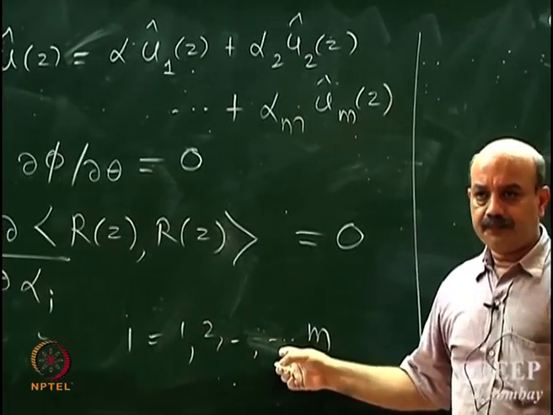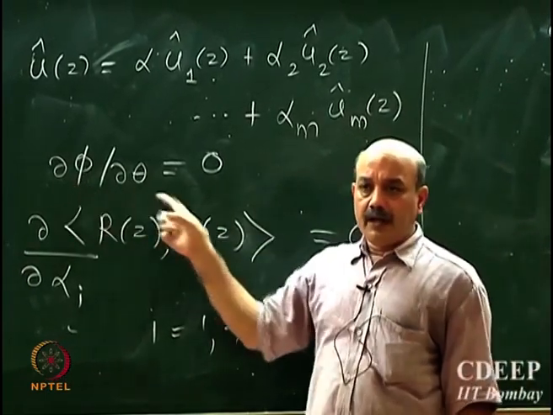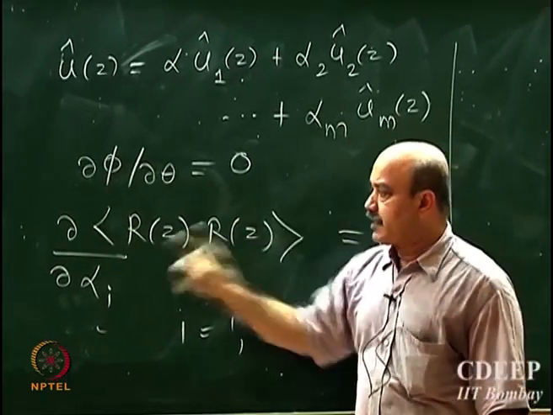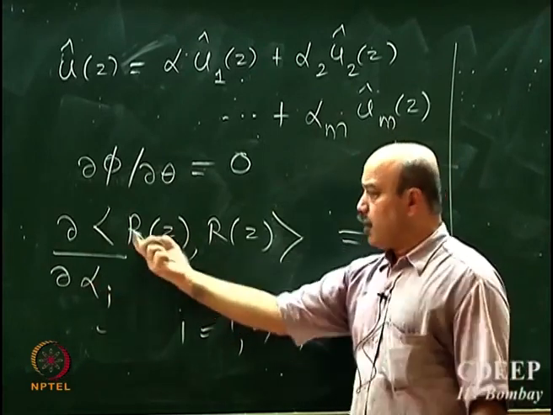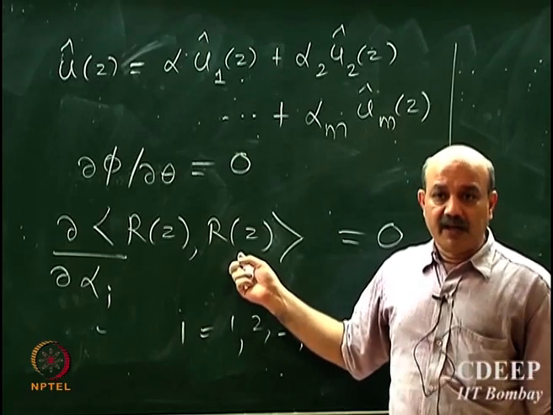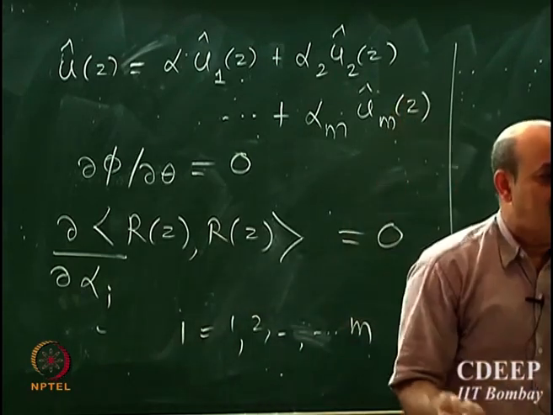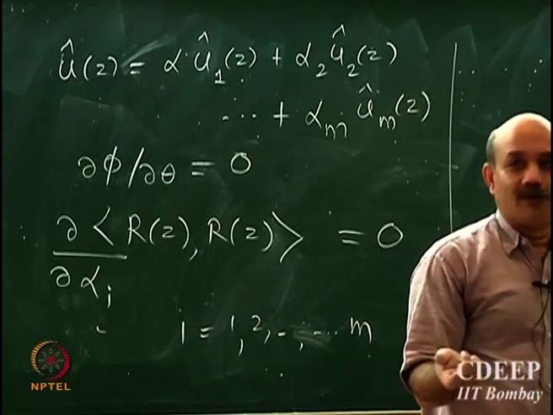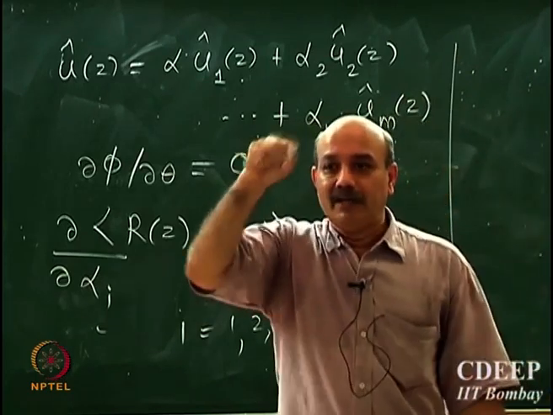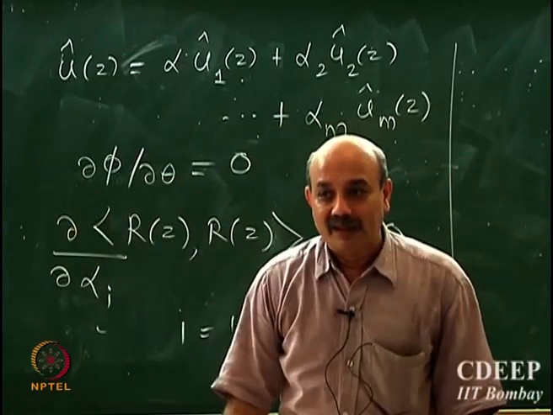Is this okay? This is my objective function, the sum of the squares of errors, but it is not a sum, it is an integral of the error, not at one point, not at a few points, but over the entire domain.